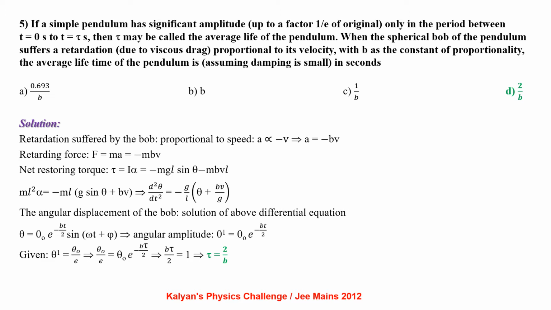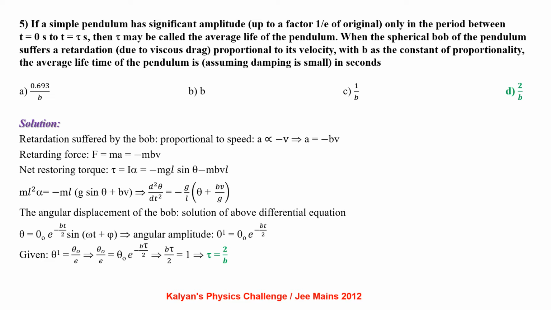Net restoring torque tau equals I alpha, that is minus m g l sin theta minus m b v into l. Applying tau equals I alpha, we have m l square alpha equals minus m l times g sin theta plus b v, that is d square theta by dt square, which is the value of alpha, equals minus g by l times theta plus b v by l.